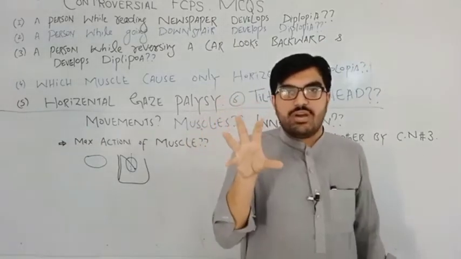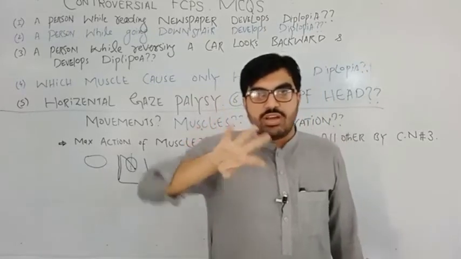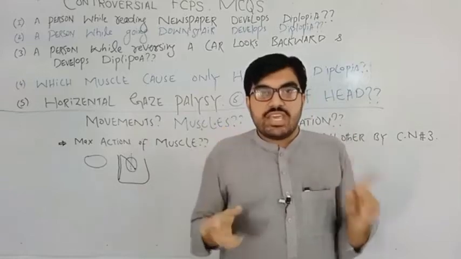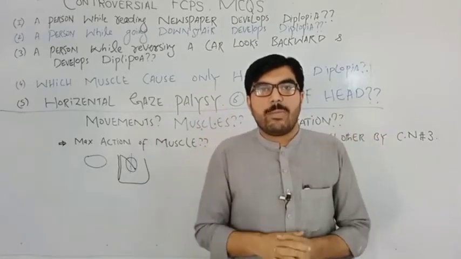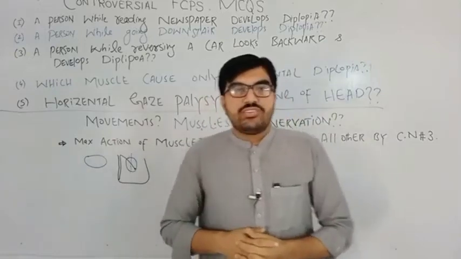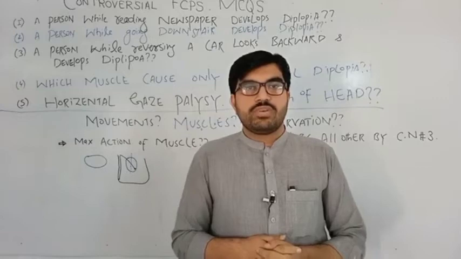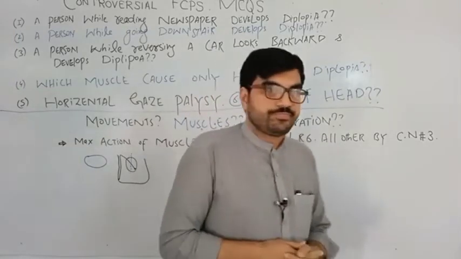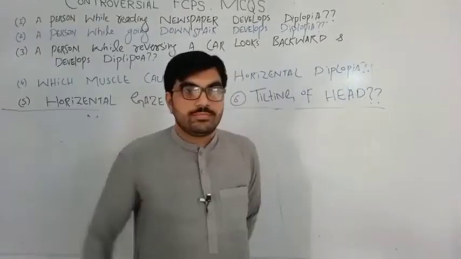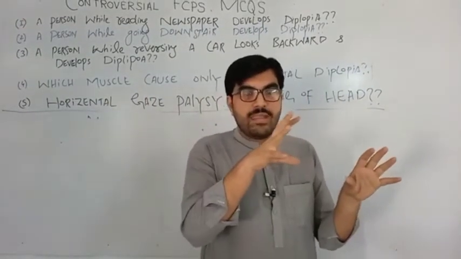So normally the eyeball lies in the median position. There is no intorsion, there is no extorsion. Normally we do not tilt the head because the images are formed centrally. Now if a patient is having superior oblique muscle paralysis, what will happen to him? So the eyeballs look medially.